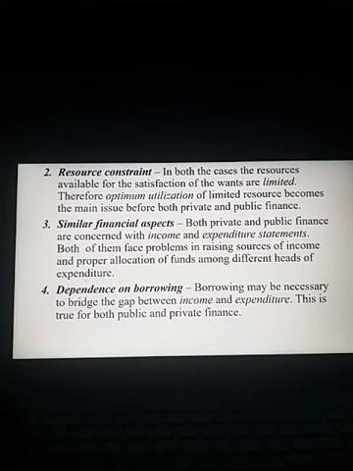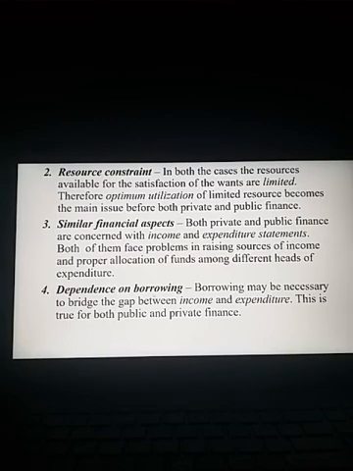You can link this point with the previous. When both the cases have limited resources and unlimited wants, here comes optimum utilization of resources. And both public and private face problems in relation to raising of income and allocation of their funds.